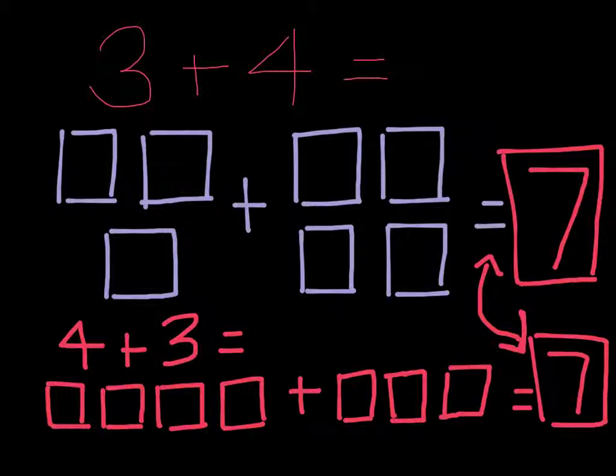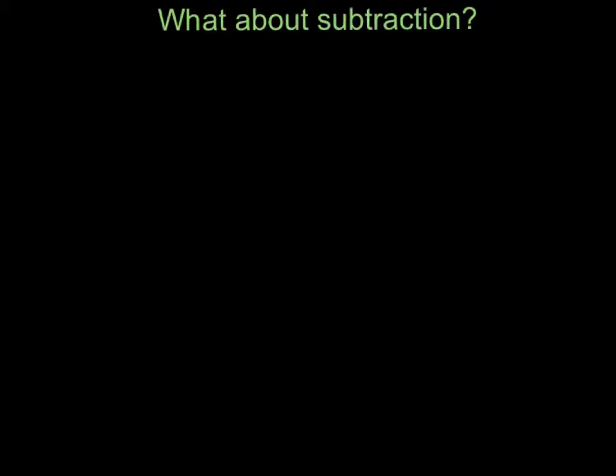Let's try something a little bit different. What about if we use this same idea with subtraction? Do you guys think it would be the same answer? Let's try a subtraction problem that we all know to begin with. Okay. So we're going to take 2 minus 1.